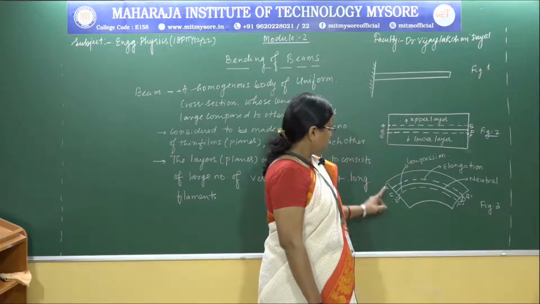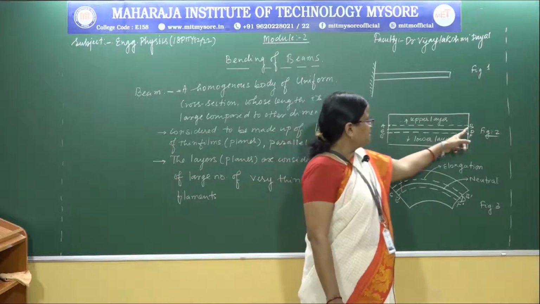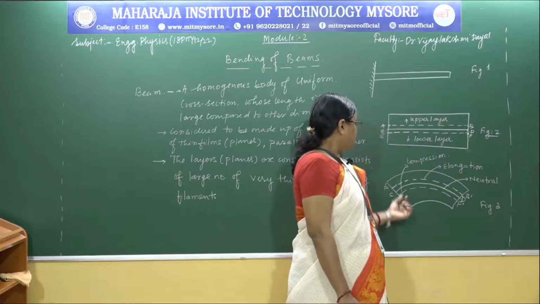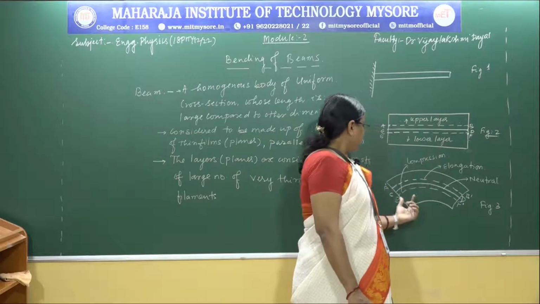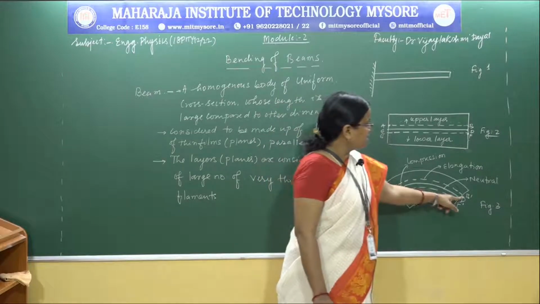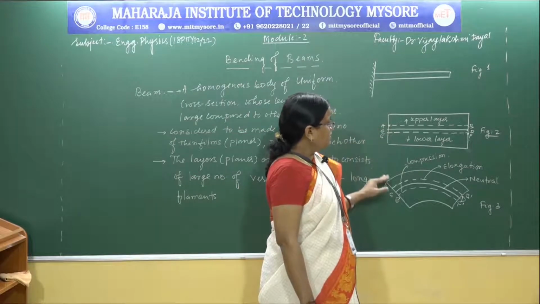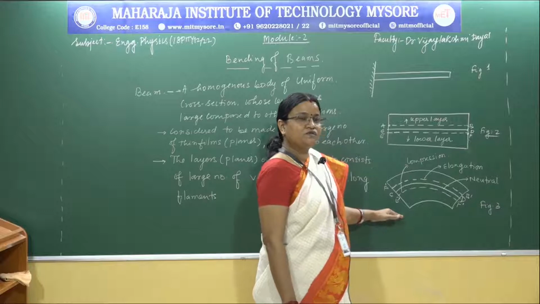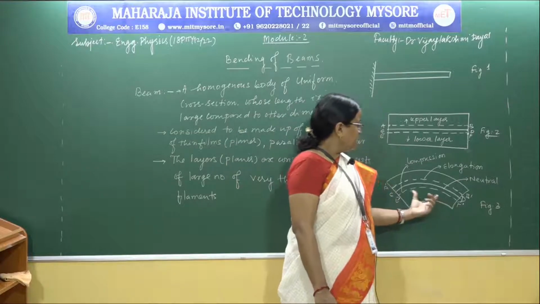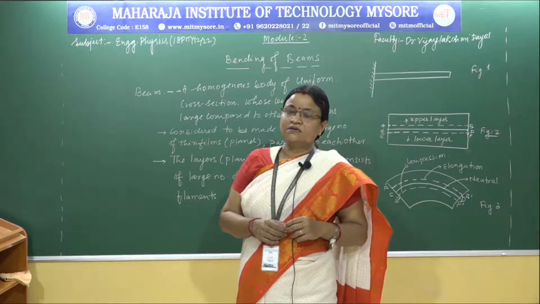The layer with which CD is made is a neutral layer, and CD we call the neutral axis. A dash B dash is the length of the AB filament after elongation, and E dash F dash is the length of EF after compression. So you can find the change: A dash B dash minus AB gives the elongation of the AB layer due to the load, and you can subtract E dash F dash from EF to find how much it got compressed.